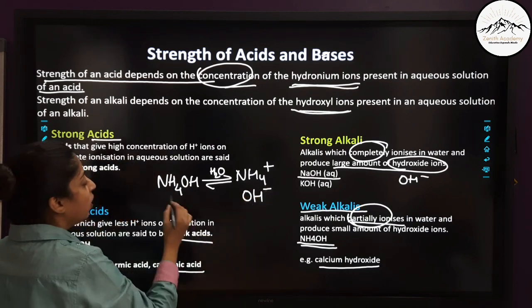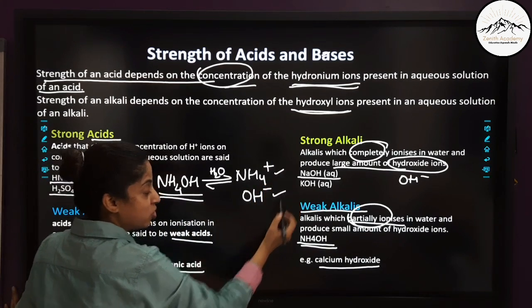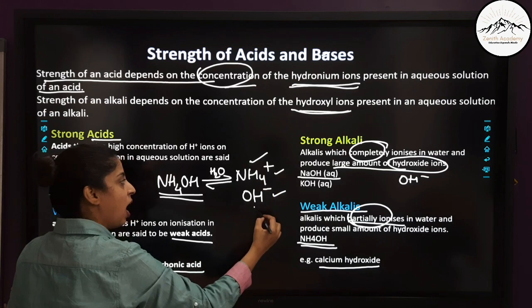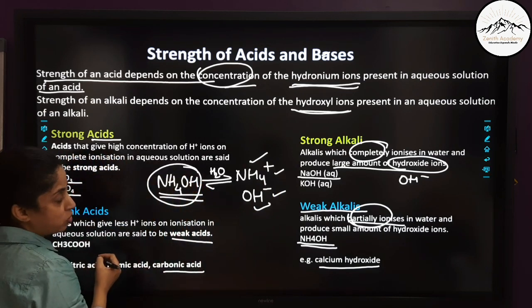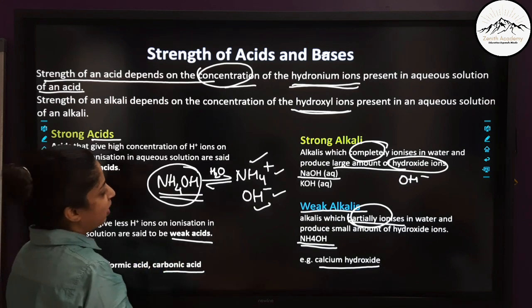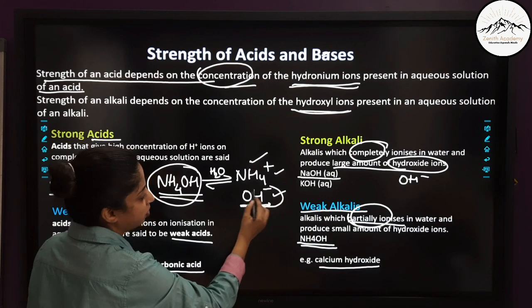It does not dissociate completely to form only ions. So in the solution there will be ions and there will be this molecule also. So weak alkalis are those which dissociate to give a lower concentration of ions.